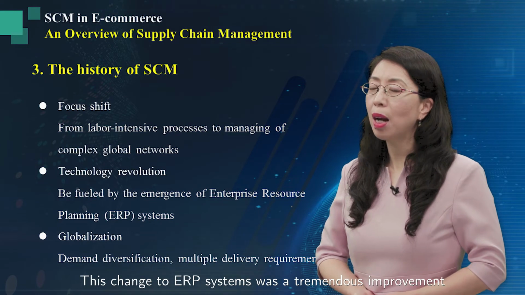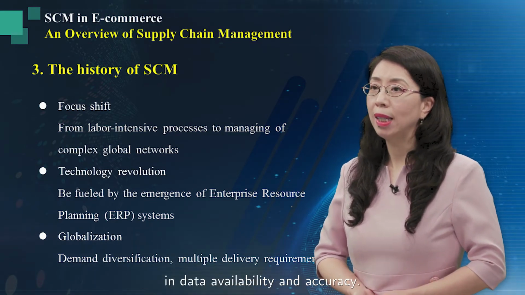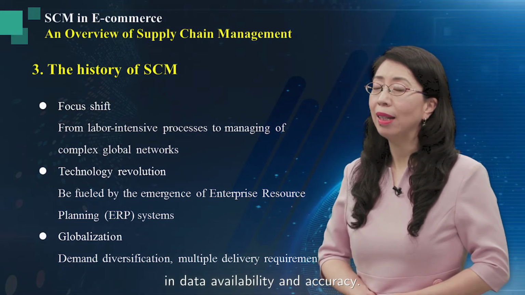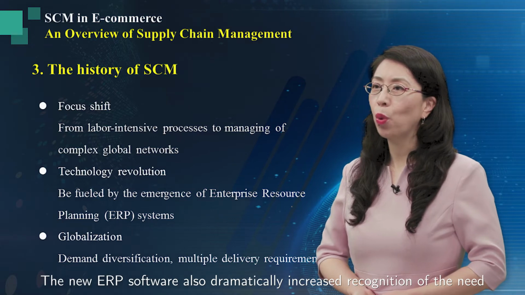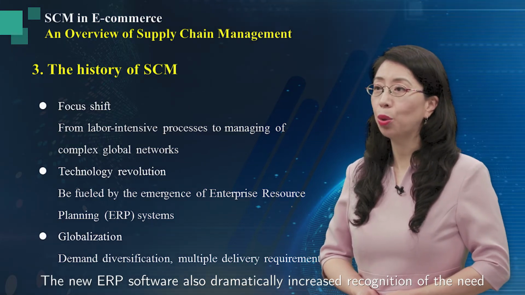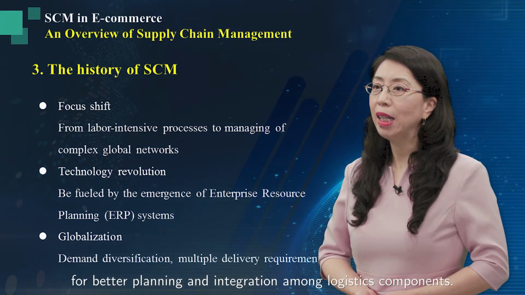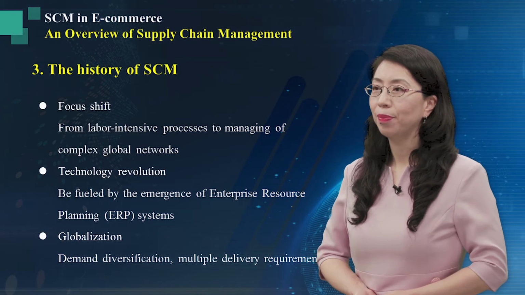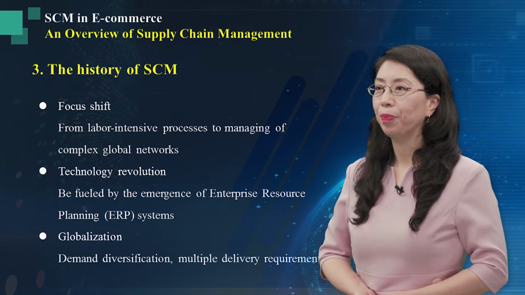This change to ERP systems was a tremendous improvement in data availability and accuracy. The new ERP software also dramatically increased recognition of the need for better planning and integration among logistics components. The result was a new generation of SCM.